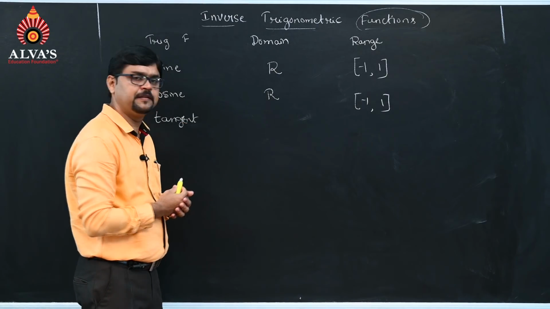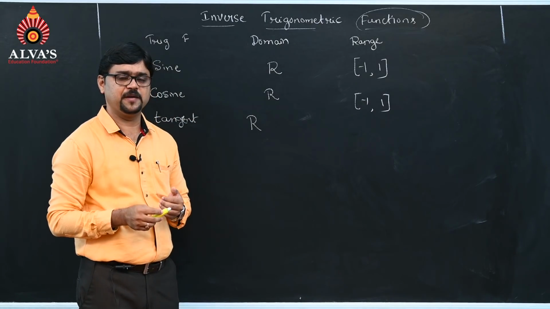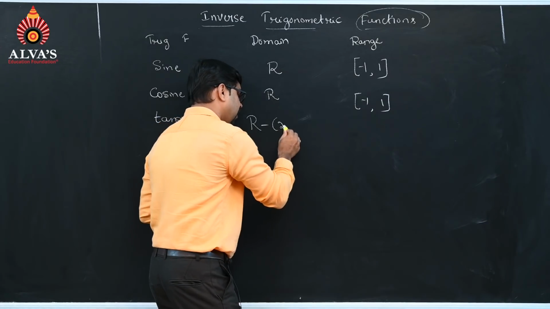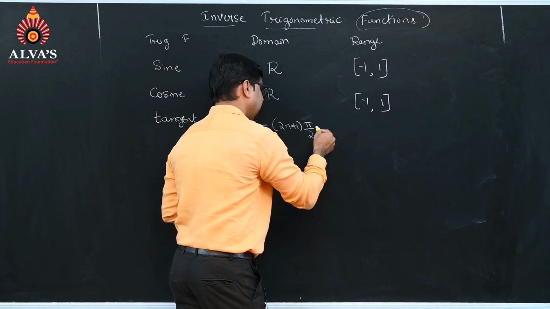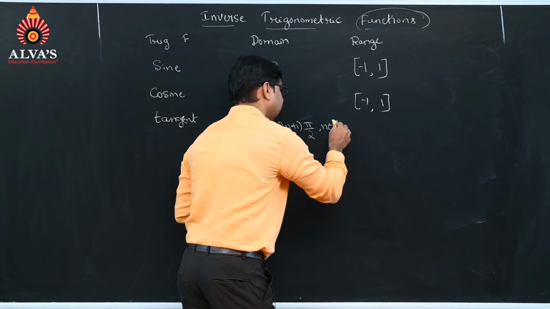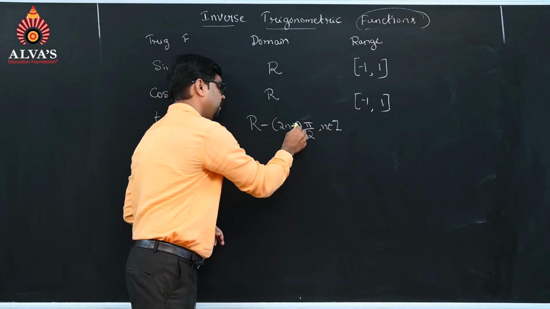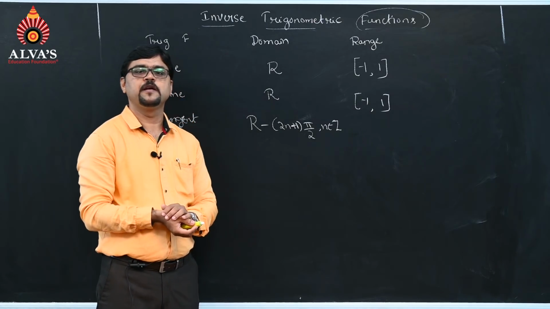In that, the domain, you cannot take all the real numbers. Odd multiples of pi/2 we have to remove. So that is the domain of the tan function: R minus (2n+1) pi/2, where n belongs to the set of all integers.